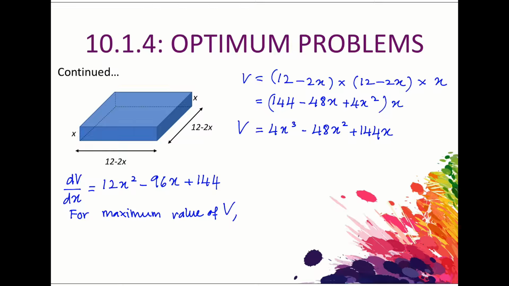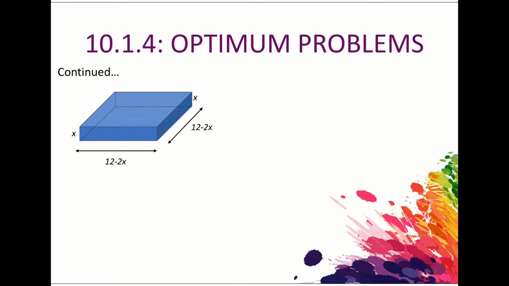And for maximum value of V, dV/dx is equal to 0. So when dV/dx is equal to 0, 12x squared minus 96x plus 144 is equal to 0. Then solving that will give us the values of x that we need.